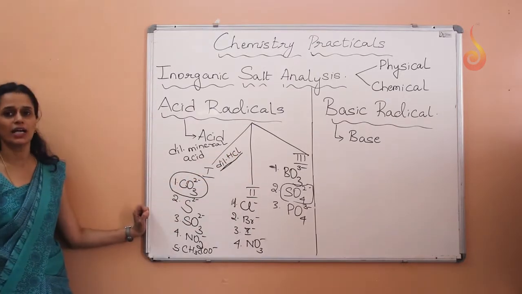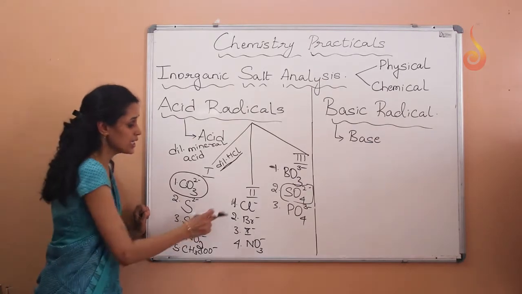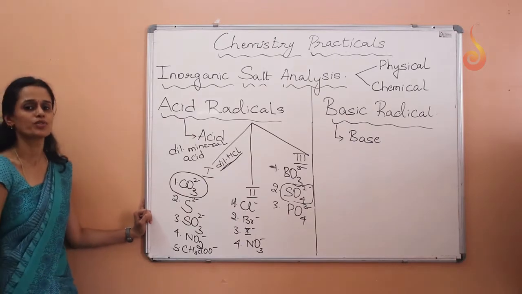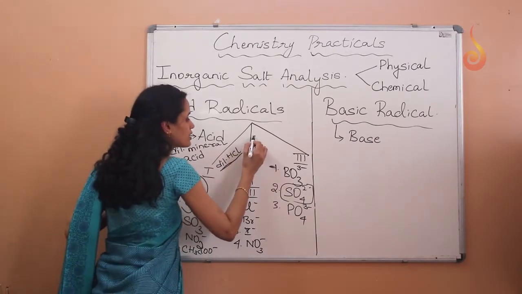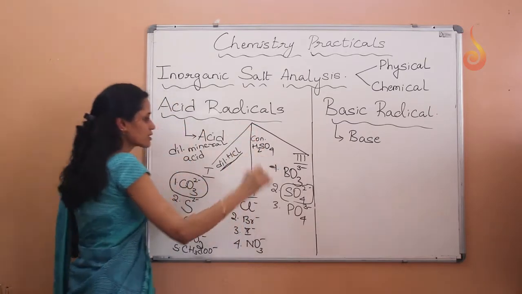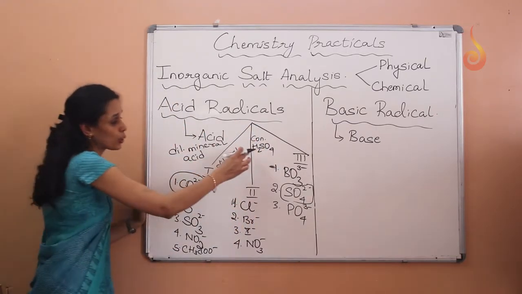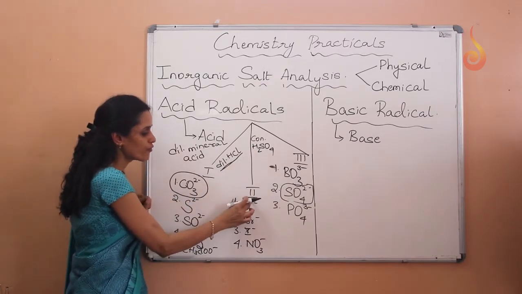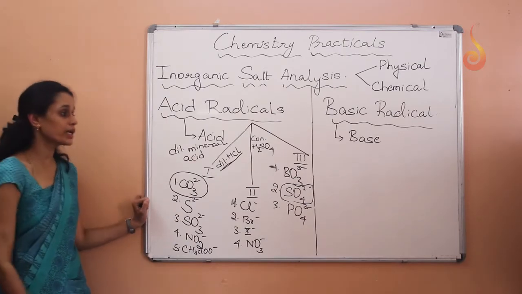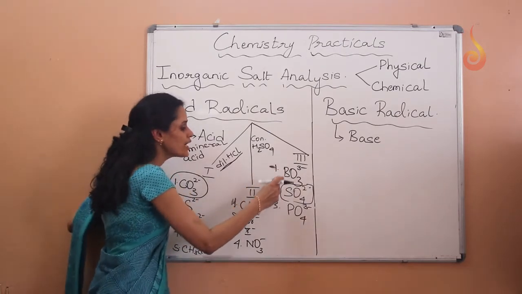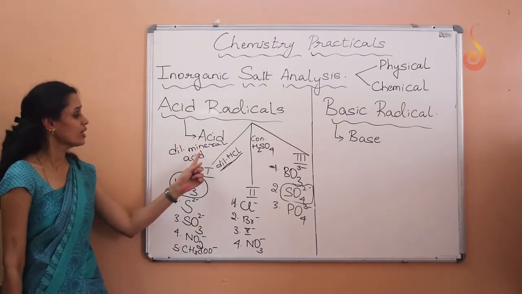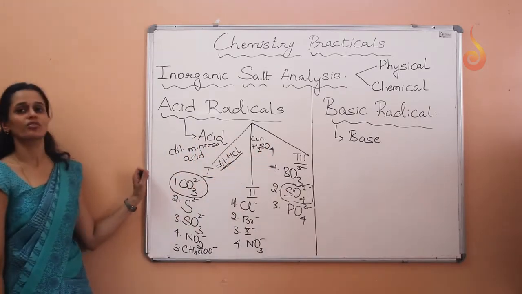Similarly, second group acid radicals also give similar observation with concentrated acids, and that is why the reagent is considered as a group reagent. So the group reagent for the second group is concentrated H2SO4. But in case of the third group, none of the radicals give similar observation with any one of these reagents.